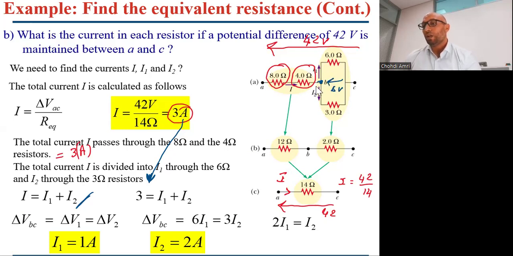Delta V between B and C is equal to the current I1 multiplied by 6, and on the other hand is equal to the current I2 multiplied by 3. Okay, so what we can conclude, we can say that at first we can simplify by 3. So here we're going to get 2, and we can write like that.